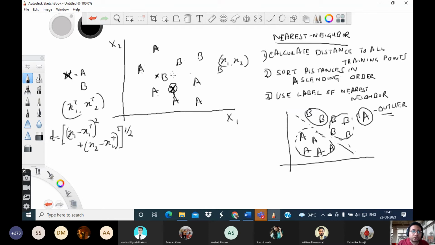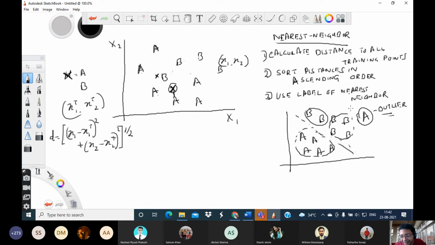So why am I talking about outliers in the context of nearest neighbor? The reason might be that, as someone said, if we consider the single nearest neighbor of this test point, if we are unlucky, that single nearest neighbor may turn out to be an outlier.